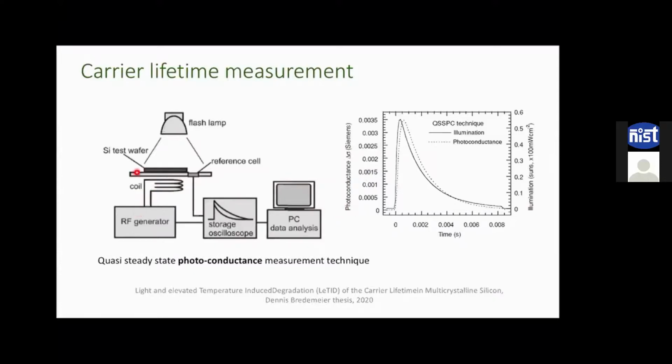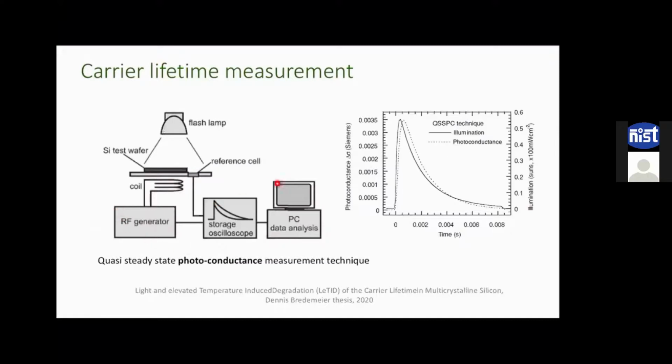Below this stage, there is an RF bridge circuit, and one of the arms of this RF bridge circuit, that coil, is inductively coupled to the resistivity or the resistance of this crystalline silicon wafer. So whenever there is an increase in the conductivity or conductance of this crystalline silicon wafer, this RF bridge circuit generates an equivalent voltage proportional to the change in the photoconductance.